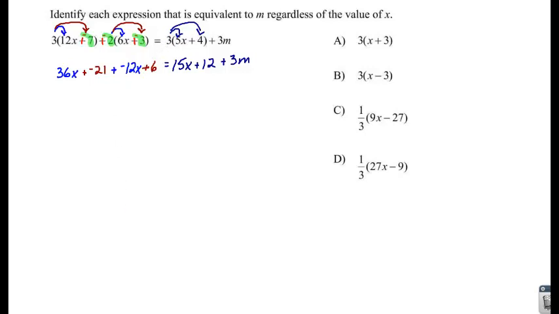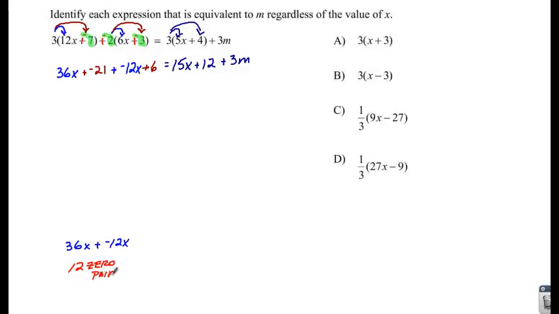All right, our next step is to start combining things. So I've got 36x's and negative 12x's. I'm going to work down here on the bottom part of my paper. I've got 36x plus negative 12x. 36 positives, 12 negatives. That's going to create 12 zero pairs.